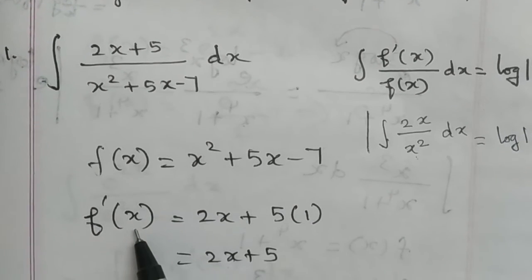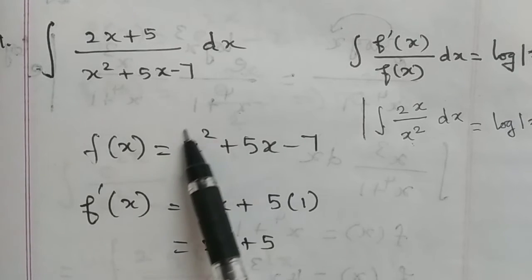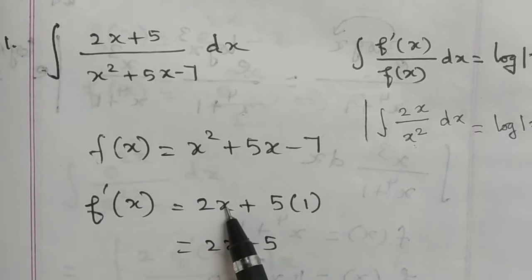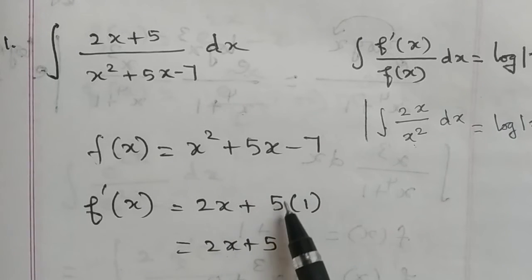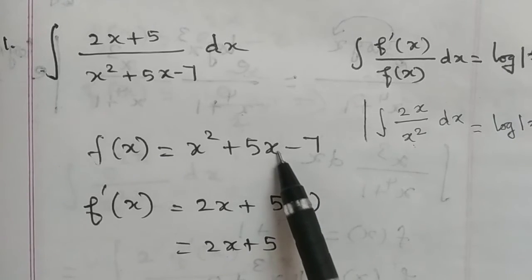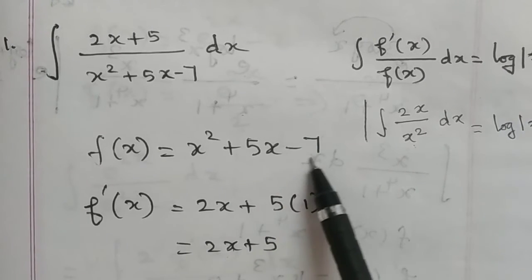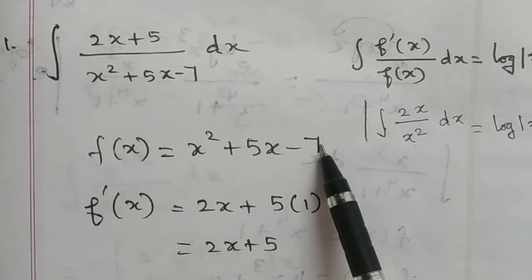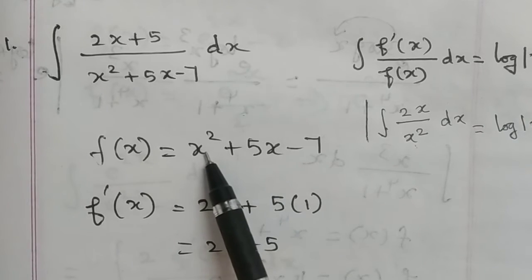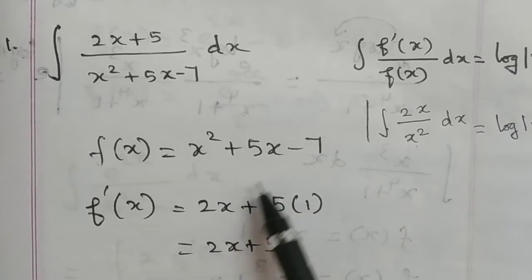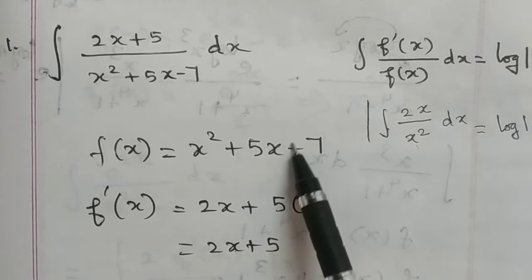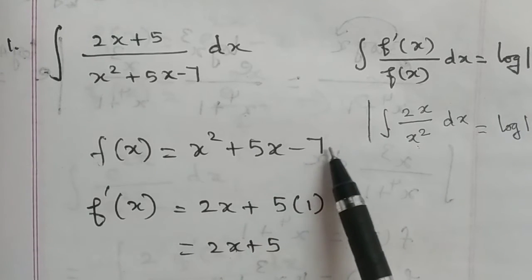F dash of x equals: the derivative of x square is 2x, and in 5x, the derivative of x is 1. Minus 7, 7 is a constant term, so the derivative of a constant term is 0.